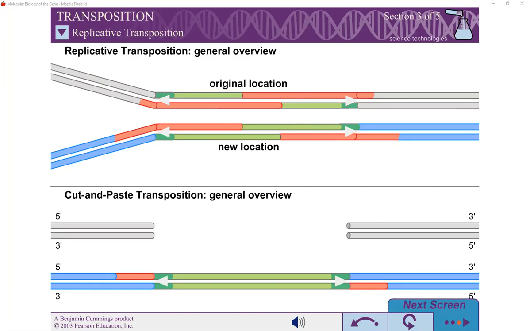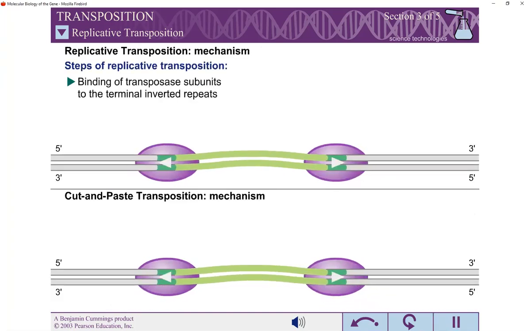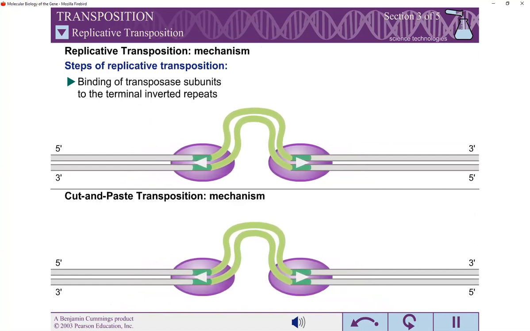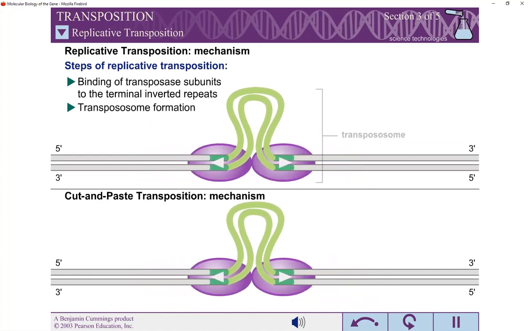Next point. Just as in cut and paste transposition, replicative transposition begins with the assembly of a transpososome. As in the case of the cut and paste mechanism, replicative transposition also begins with the same mechanism of transpososome formation.